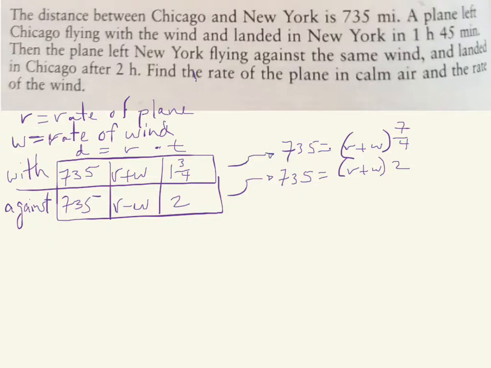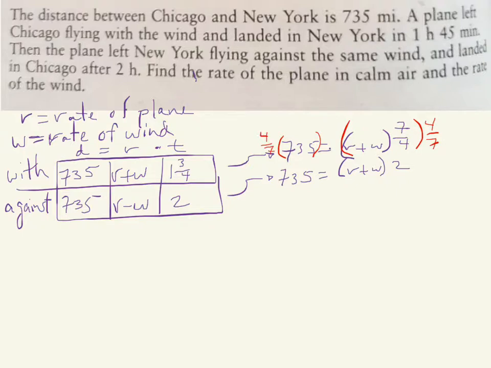I'm going to do a little changing here. I'm going to multiply each of these sides times 4/7, and this one times 4/7.